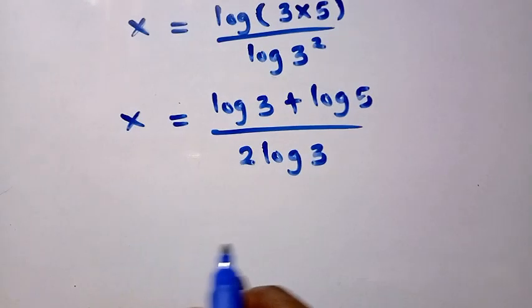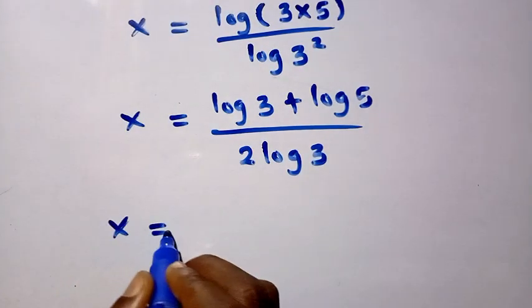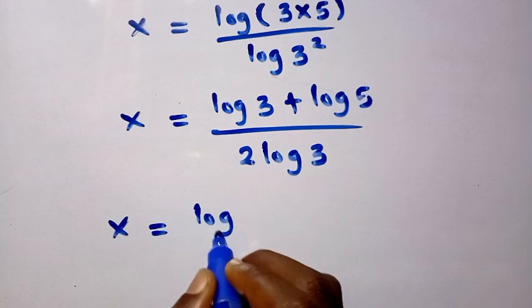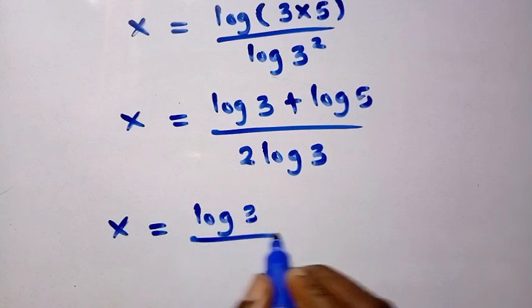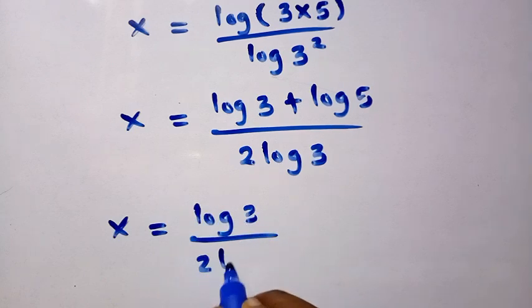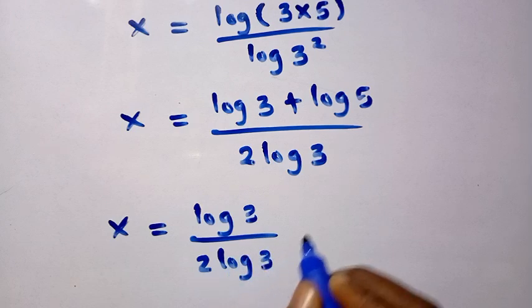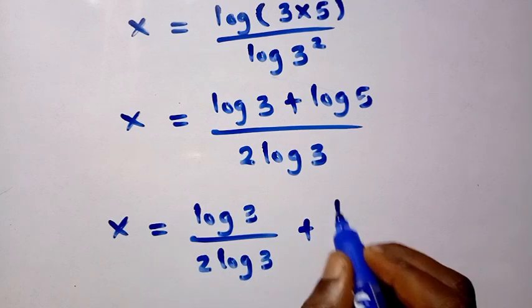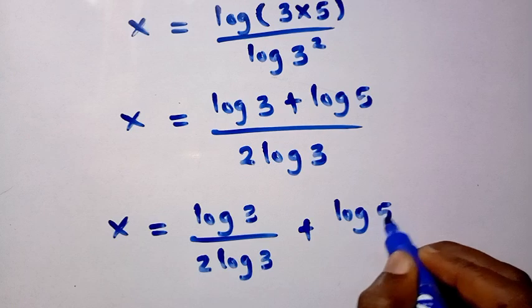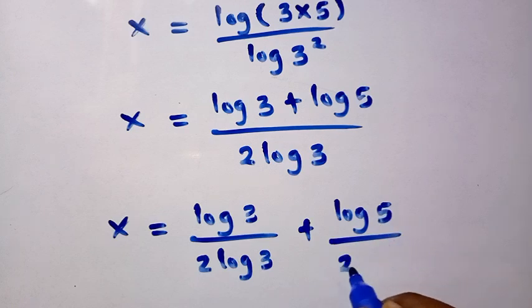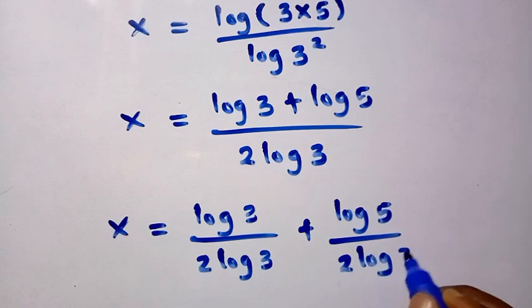And by dividing this, we have our x equals log 3 divided by 2 log 3 plus log 5 divided by 2 log 3.